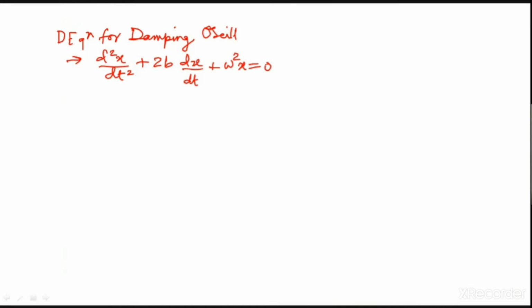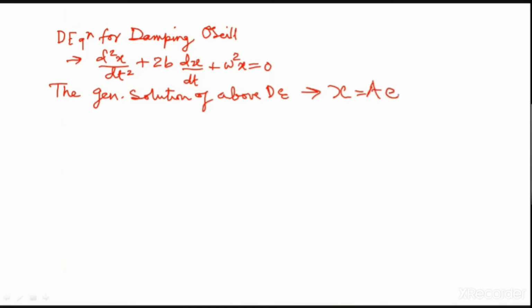Okay. The general solution of the above differential equation is something like x is equal to some constant a e to the power of alpha into t. Let us call this expression 2. Above this one is 1.